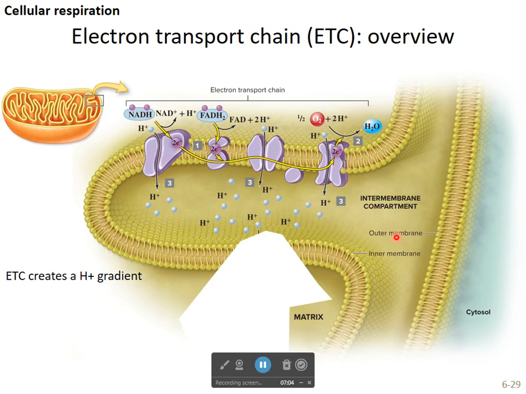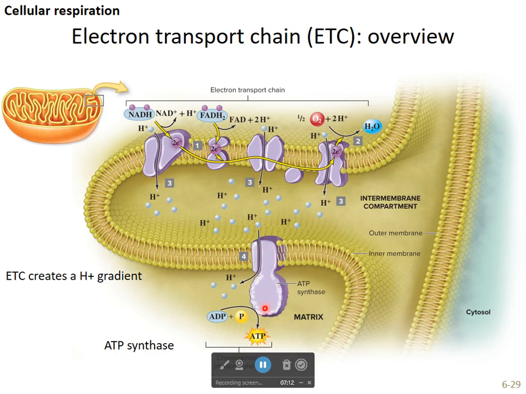And finally, that's where the magic takes place. Think about that inner membrane as the dam, and think about that ATP synthase as the water turbine. Once you open the valve, H plus goes through by facilitated transport. This is not active transport here. This is facilitated transport, a passive form of transport from high concentration to low concentration into the matrix.